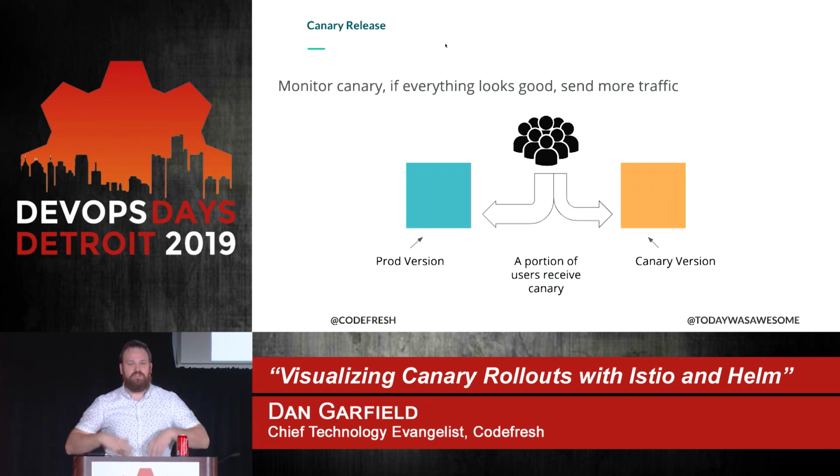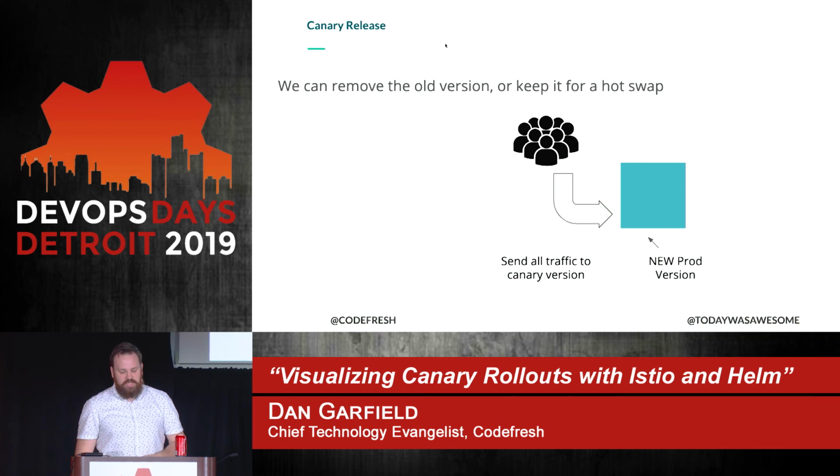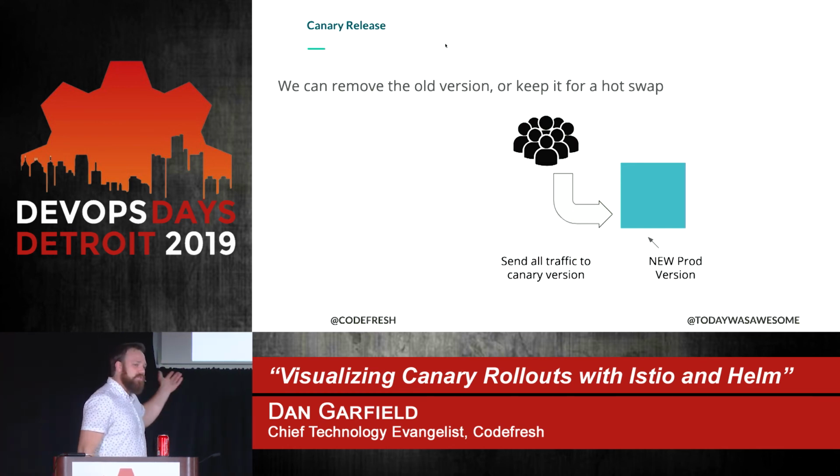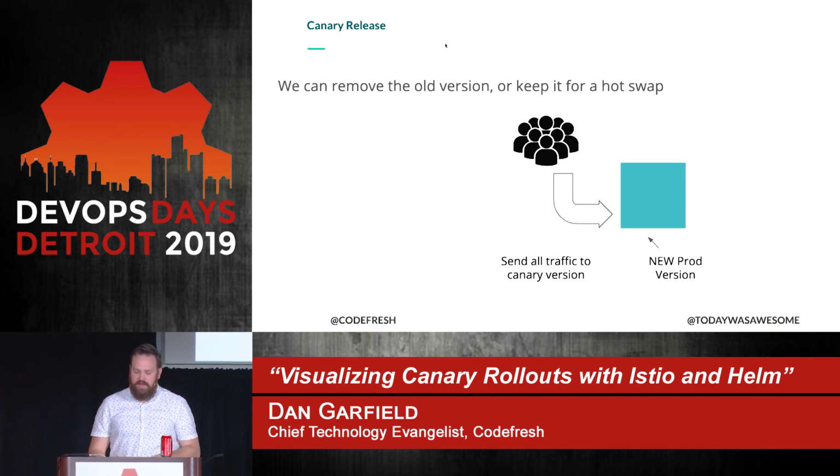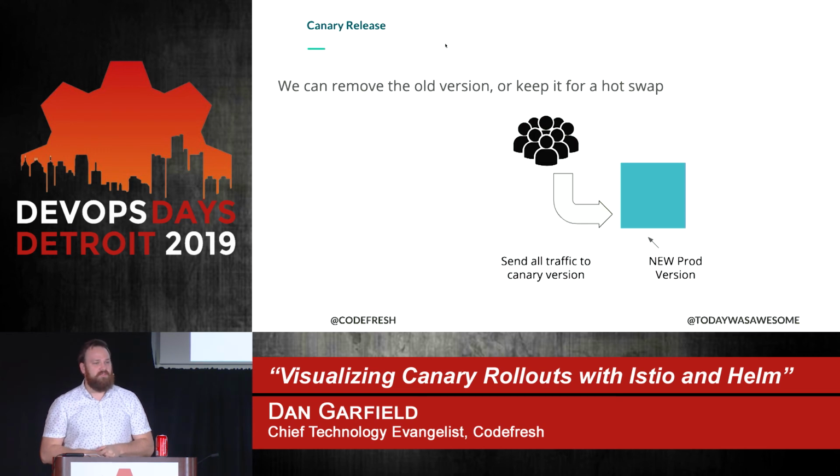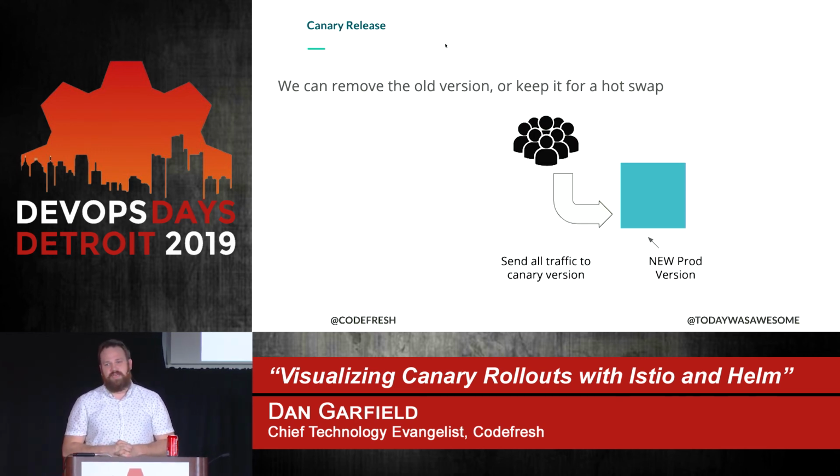And if everything looks good, you continue to increase it until you reach 100%. And then you can remove the old version or keep it around as a hot swap in case there are future issues.